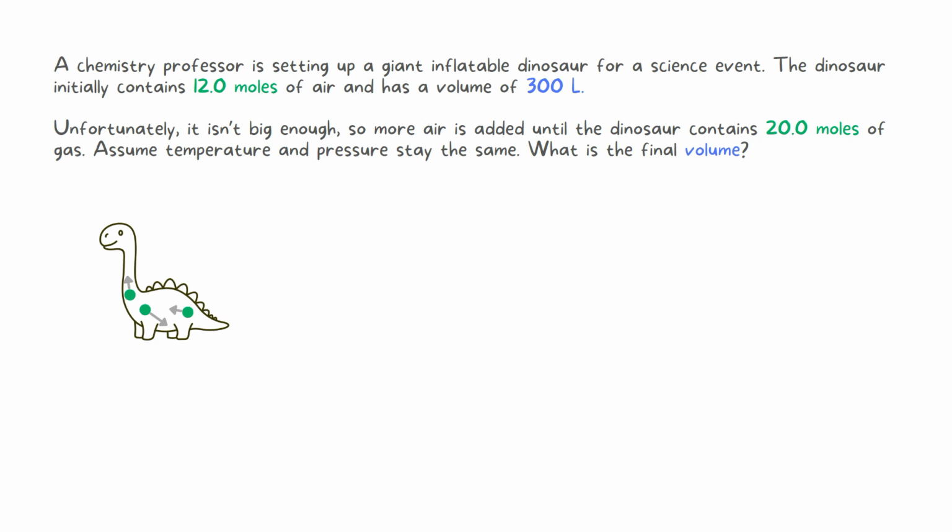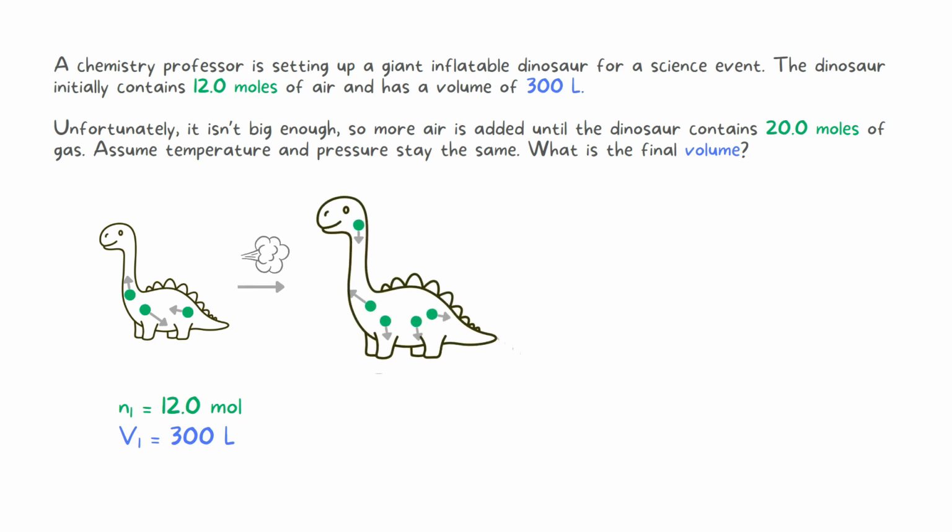So here is our dinosaur with just a little bit of gas in it, 12.0 moles, and a volume of 300 liters. Now we're going to inflate that dinosaur with more gas, so we're going to include more particles in the drawing here, the little representation of it. Increasing the number of moles of gas in this dinosaur increases its volume.